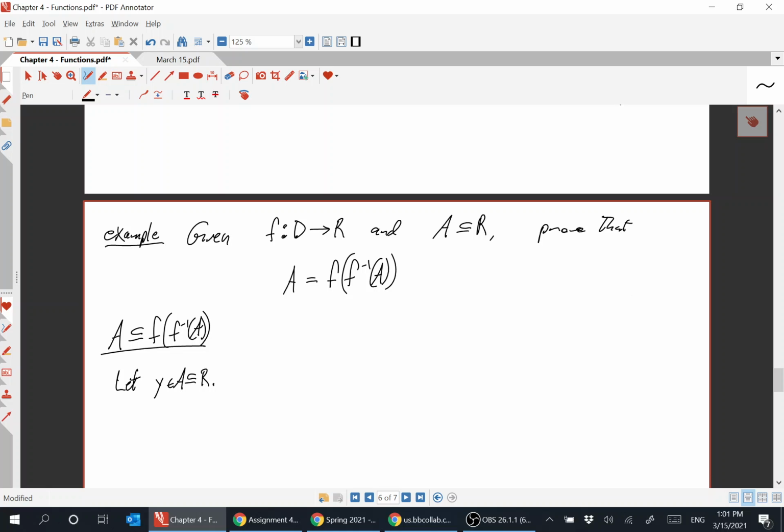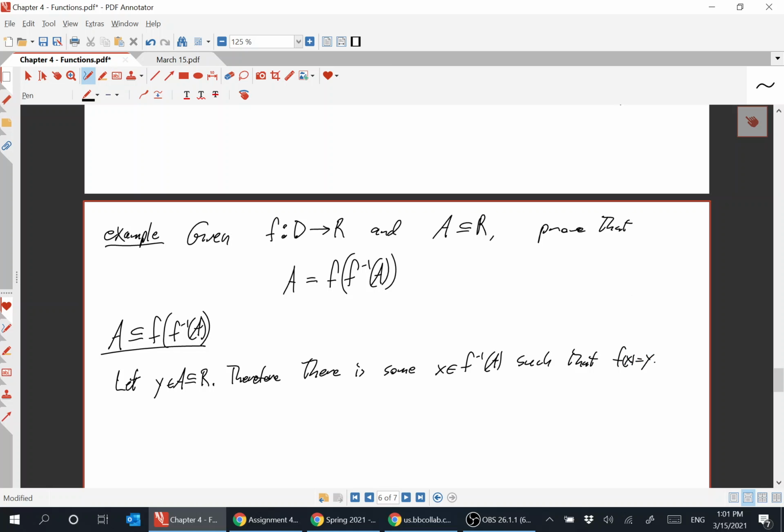Is that necessarily true? I mean, yeah, it could be, right? So, therefore, there is some x in f inverse of A such that f of x is equal to y.